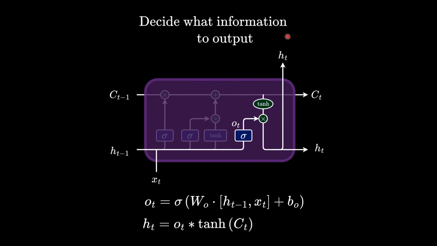So this architecture is extremely powerful because memory is explicitly modeled, long-term dependencies are preserved, gradients flow more easily, and everything is contained in two compact states.